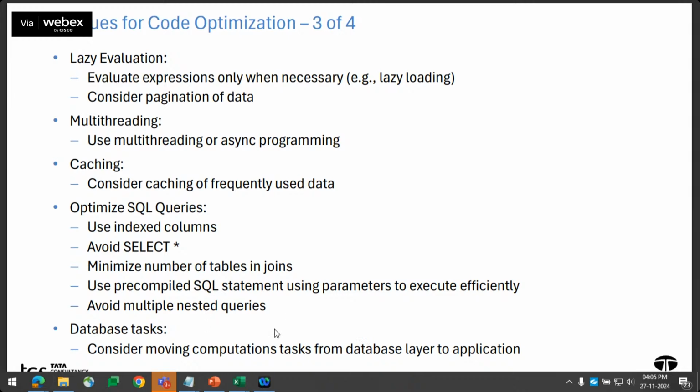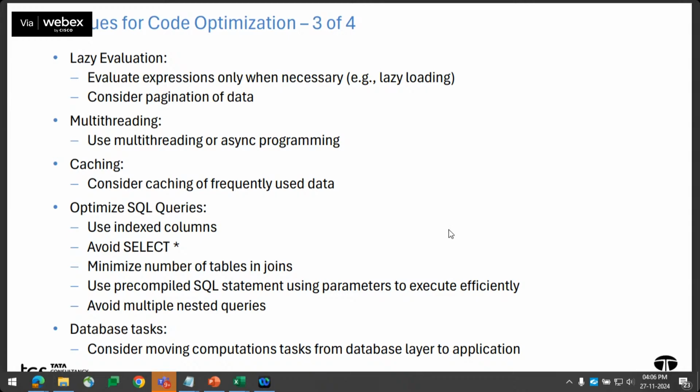This ensures that the database layer is lean, and we are able to scale the application. So the application layer can be scaled easily.